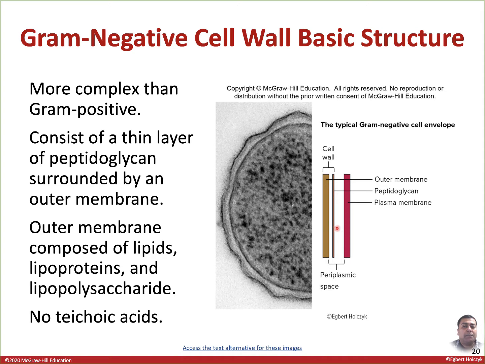On top of the peptidoglycan layer, there is an outer membrane composed of lipids, lipoprotein, and lipopolysaccharides. So this is called the lipopolysaccharide or the LPS layer or the outer membrane. Very different and only present in gram-negative bacteria. There is no teichoic acid present in gram-negative bacteria as well.